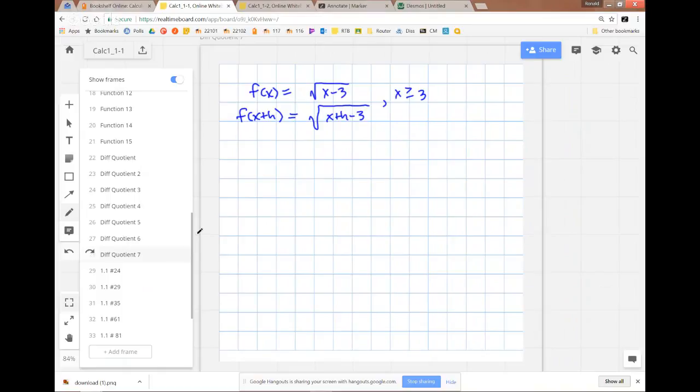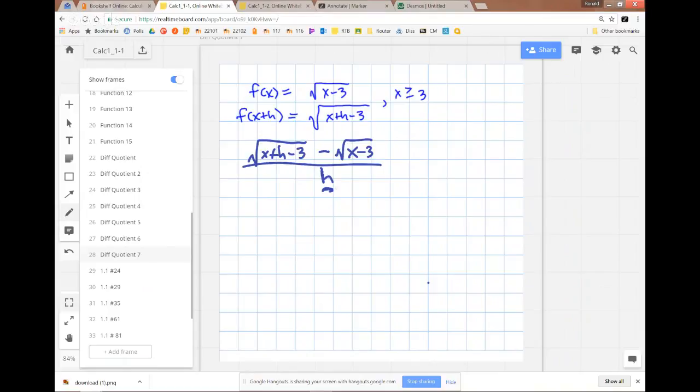All right, so as we start to write this out, the difference quotient is f of x plus h minus the original function, f of x, all over h. Now when you finally get down to your difference quotient, we've got to get rid of this h. We can't have that left over.